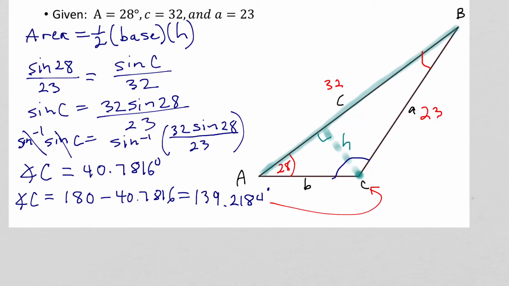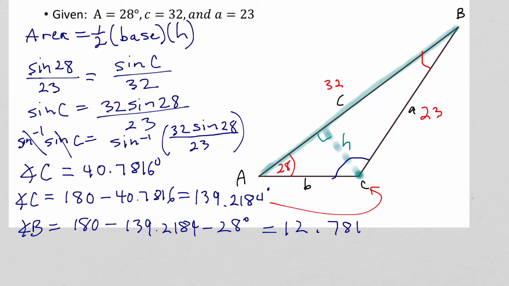So now I can figure out angle B because I know the other two angles. Using the angle sum theorem, angle B is 180 minus 139.2184 minus 28 degrees. So angle B is 12.7816 degrees. Okay, so now I've got what I need.